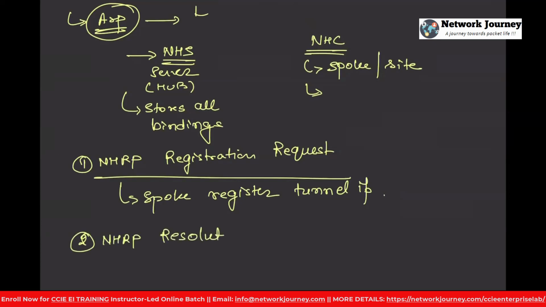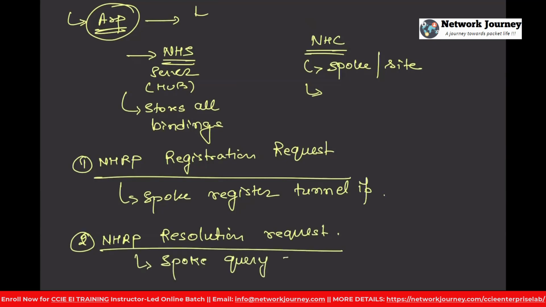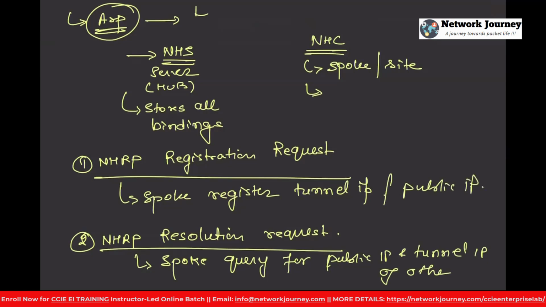Then you will have the NHRP resolution request message. It is used when a spoke queries for the public IP and tunnel IP of another spoke.